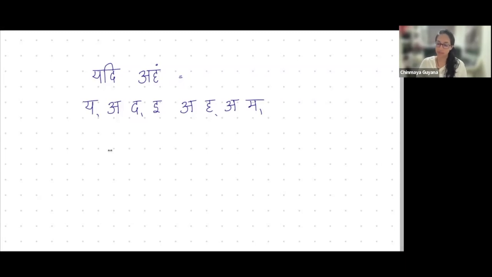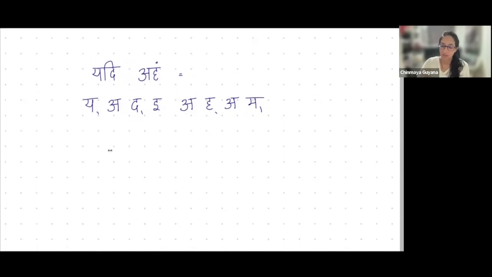Now, what is the sound that is going to happen between these two? Yadi aham doesn't sound very fluent. So this I is going to turn into a ya halant. We'll write the rule in a moment, but the I is going to become a ya halant.